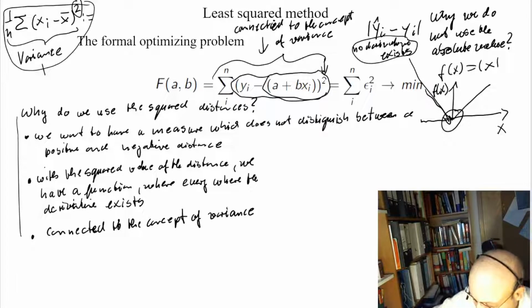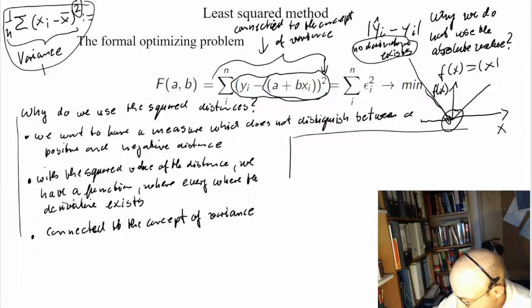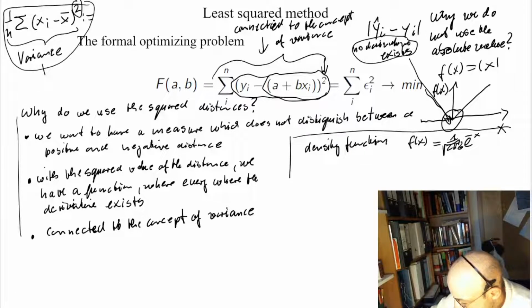Well, if you think of the density function, f of x equals 1 over the square root of 2 pi sigma, e to the minus (x minus x bar) squared over sigma.